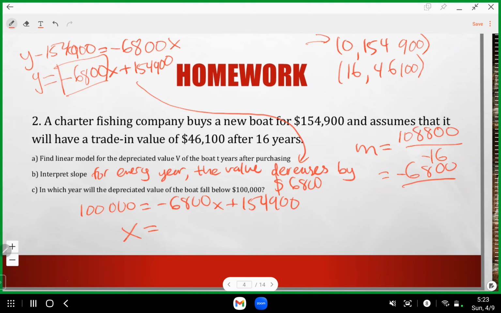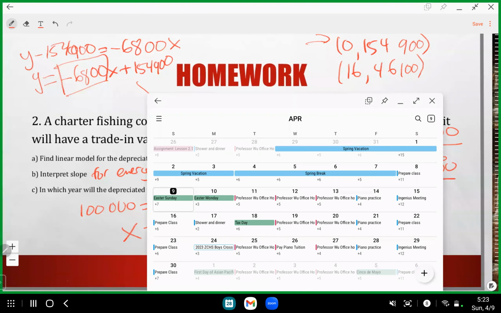So basically we can say after 8 years, because it's only 8.07, that's pretty early in the year, right? So maybe later in the year, this boat will fall below $100,000.